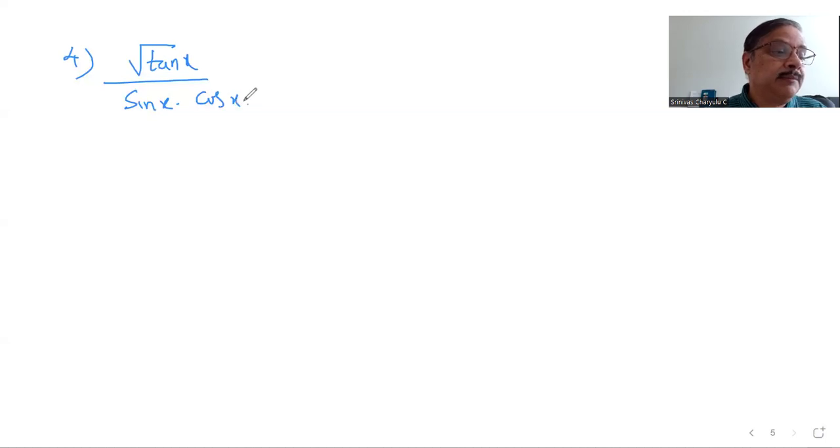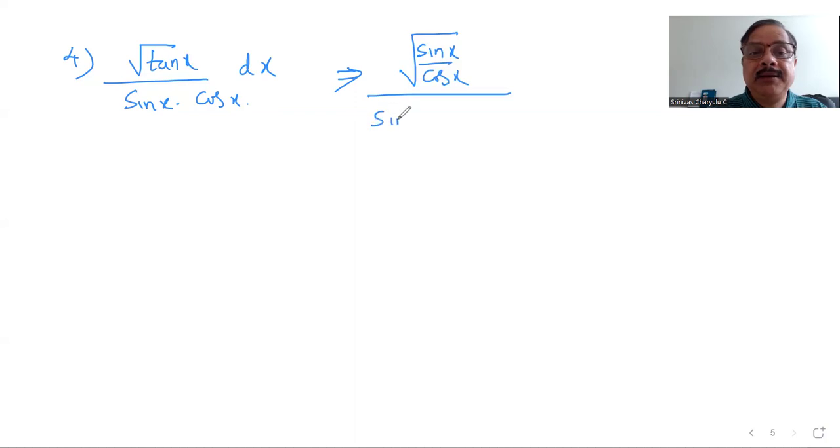Next sum. Root of tan x divided by sin x into cos x. Okay. So now what we do here, we will write root tan x as root of sin x by cos x, whole thing divided by sin x into cos x.